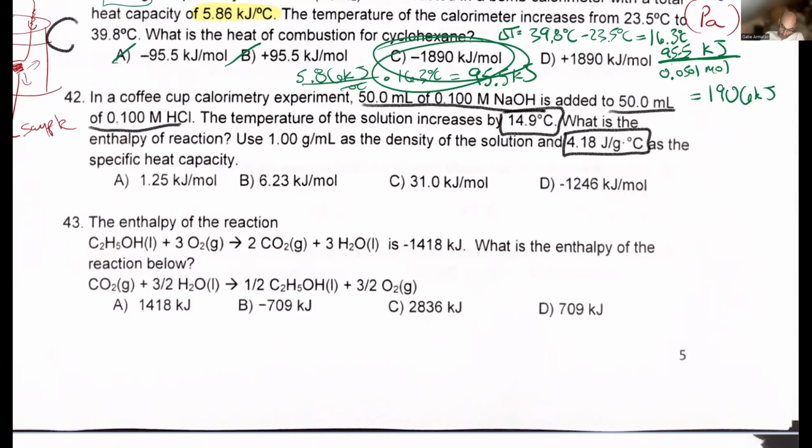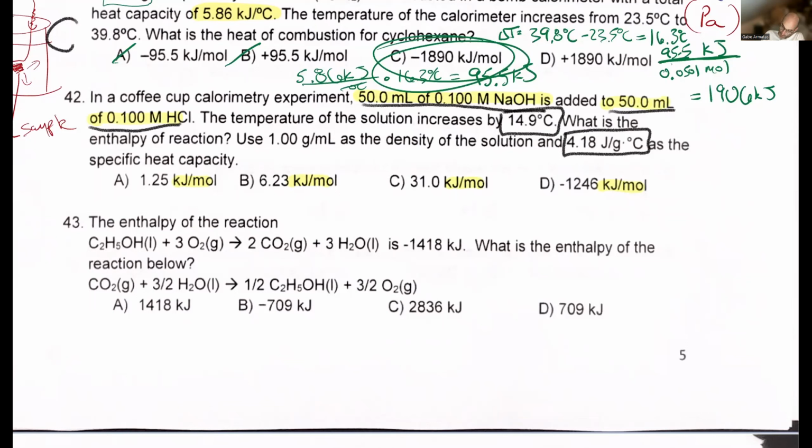And so off we go. Again, we're going to look at our unit, and the units that we're looking for, kilojoules per mole. So we need energy released as a function of the number of moles that have reacted. So we can get moles from either one of these because they're both limiting, or they're both going to run out.